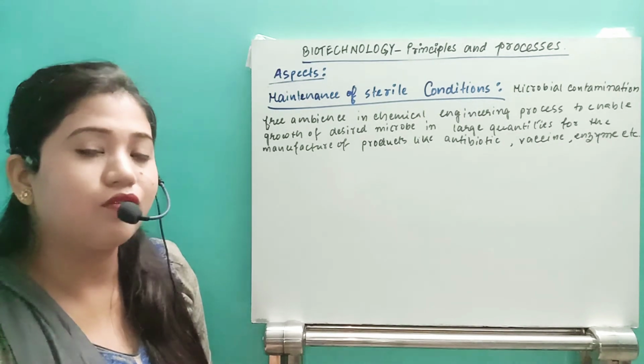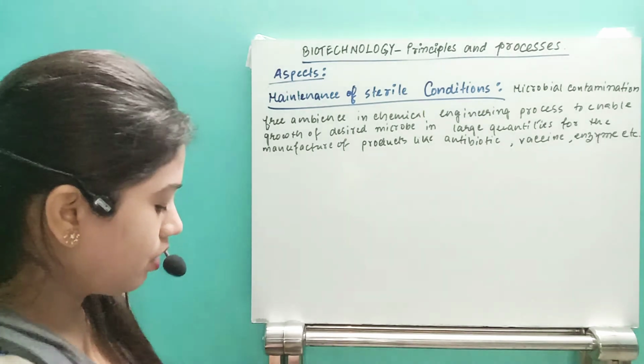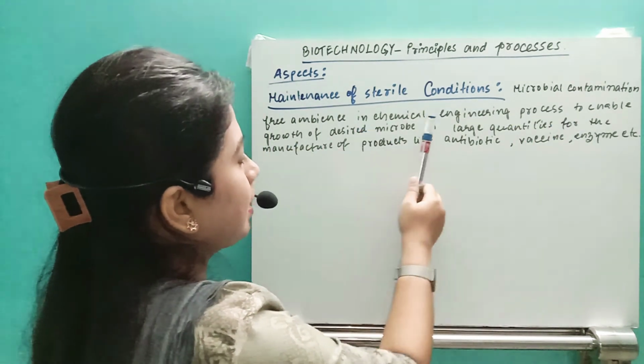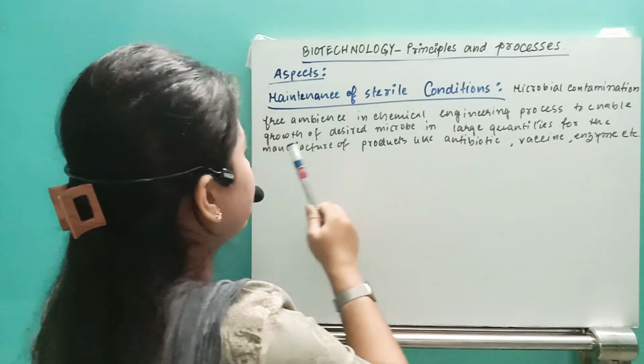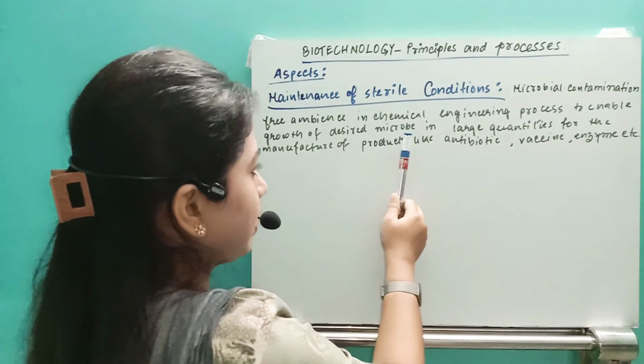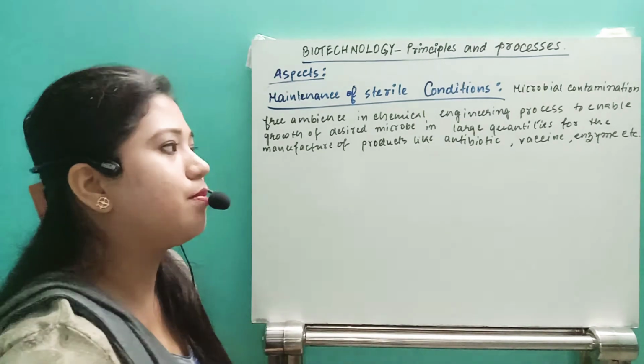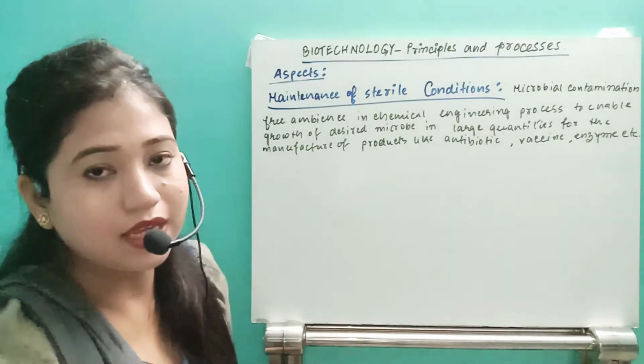So let me tell you the meaning of this line. First of all, a microbial contamination-free ambience in the chemical engineering process to enable the growth of the desired microbes in large quantities for the manufacture of products like antibiotics, vaccines, enzymes, etc.